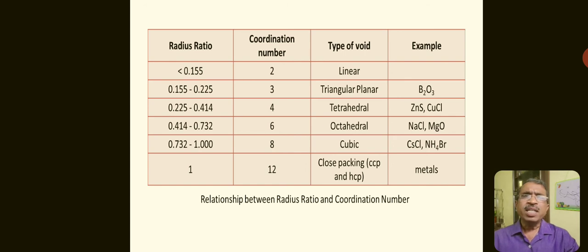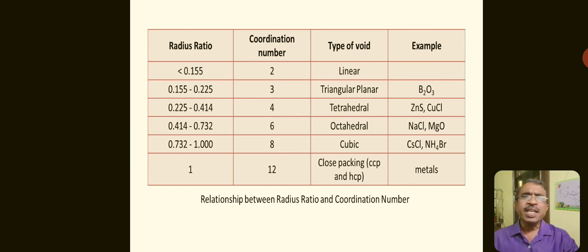If the radius ratio is between 0.155 to 0.225, then the coordination number will be 3. It is having triangular planar, and the example is boron trioxide. If the radius ratio is between 0.225 to 0.414, then the coordination number becomes 4. It is having tetrahedral void, and the examples are zinc sulfide and cuprous chloride.